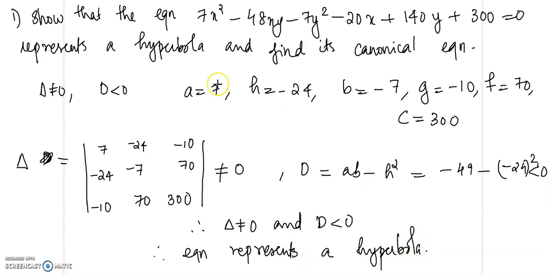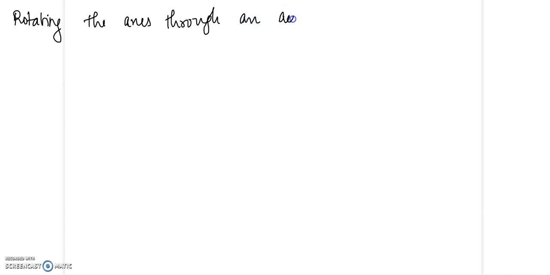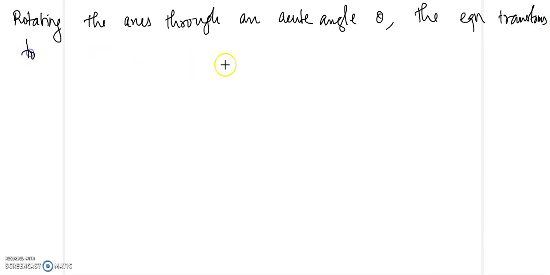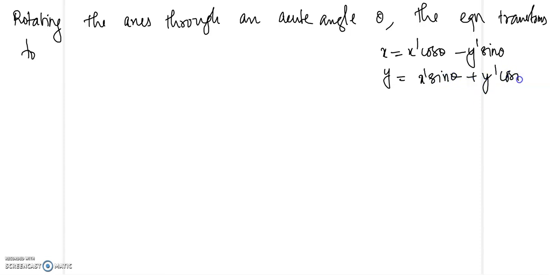Now let us use the transformation. So rotating the axis through an acute angle theta, the equation transforms to, so we are using x equal to x dash cos theta minus y dash sin theta, and y is equal to x dash sin theta plus y dash cos theta.